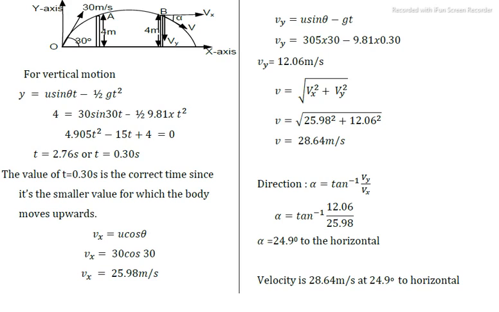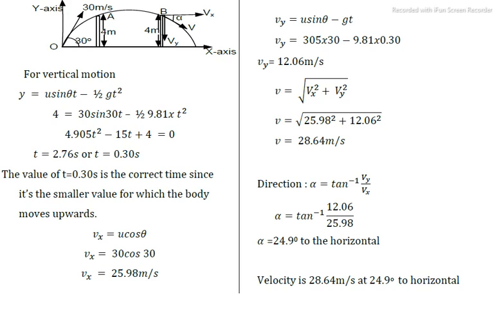We substitute for u and theta to get the horizontal component. From the 2 components, we get the resultant velocity by getting the square root of Vx squared plus Vy squared.